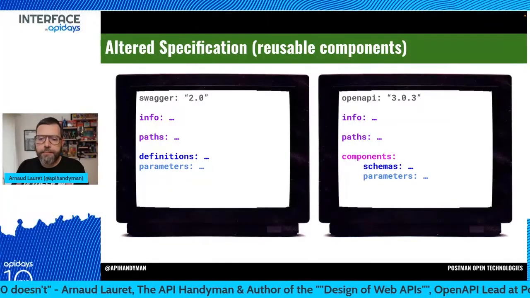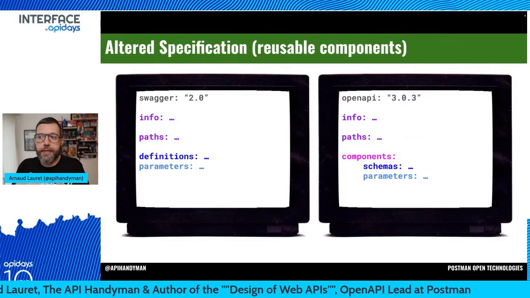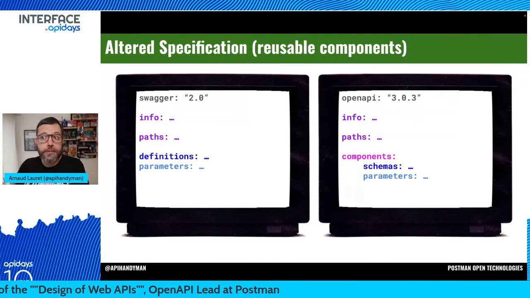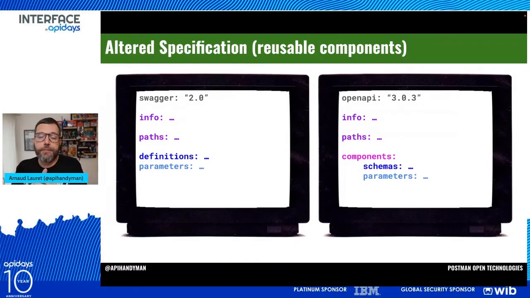Many people thought that all parameters defined at this level applied to all operations of the API, which was not the case. The parameters at the root of the Swagger 2 document are reusable parameters that you can use in any operation. So all reusable components are now in a dedicated section called components. This is where you will find the definitions, now renamed schemas, the data models you can use across the API, and parameters, and many other things.